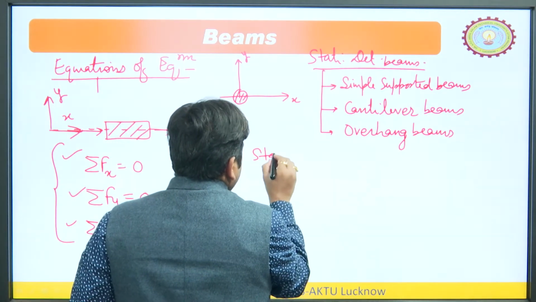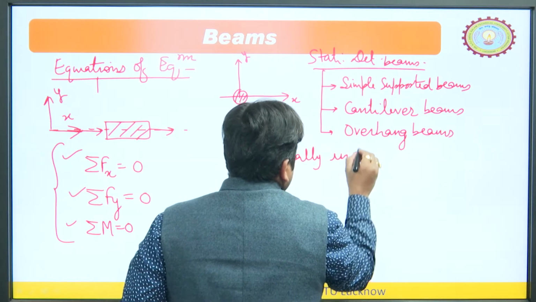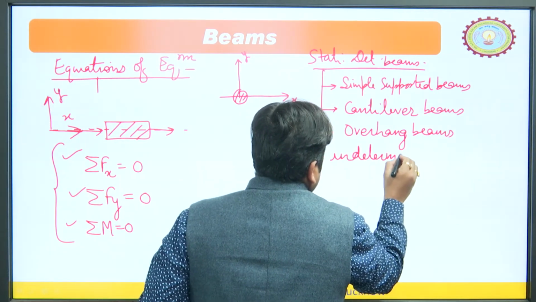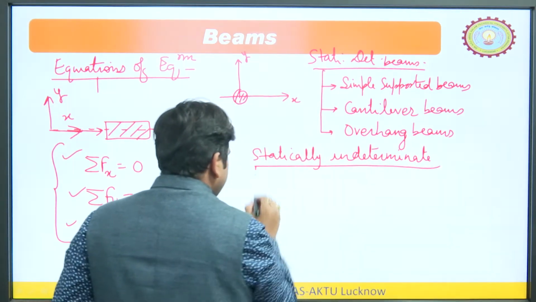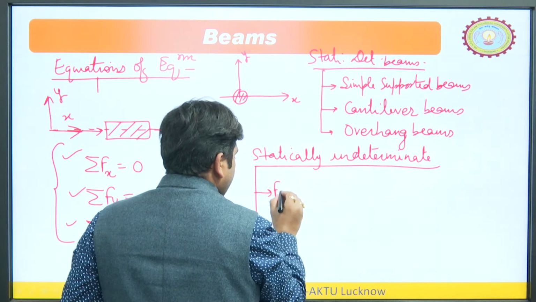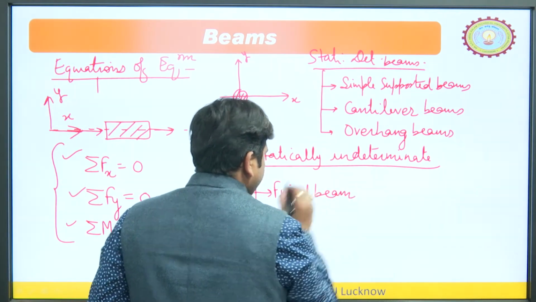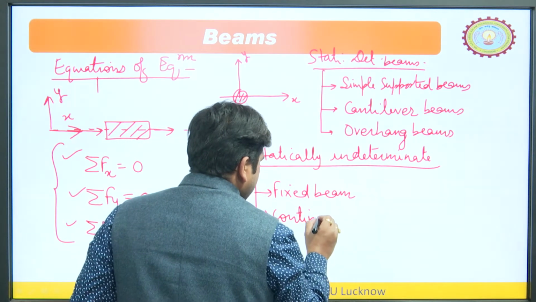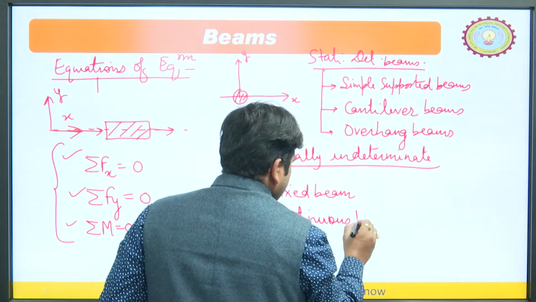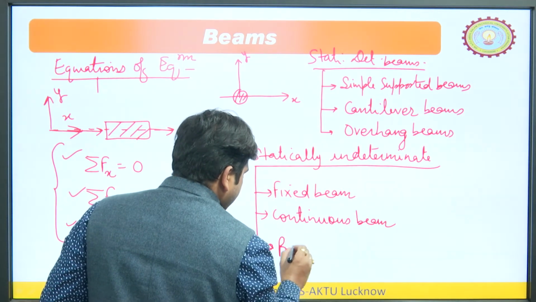Now the second type is statically indeterminate. Statically indeterminate beams may be fixed beams, the second may be continuous beams, and the third may be propped cantilever.